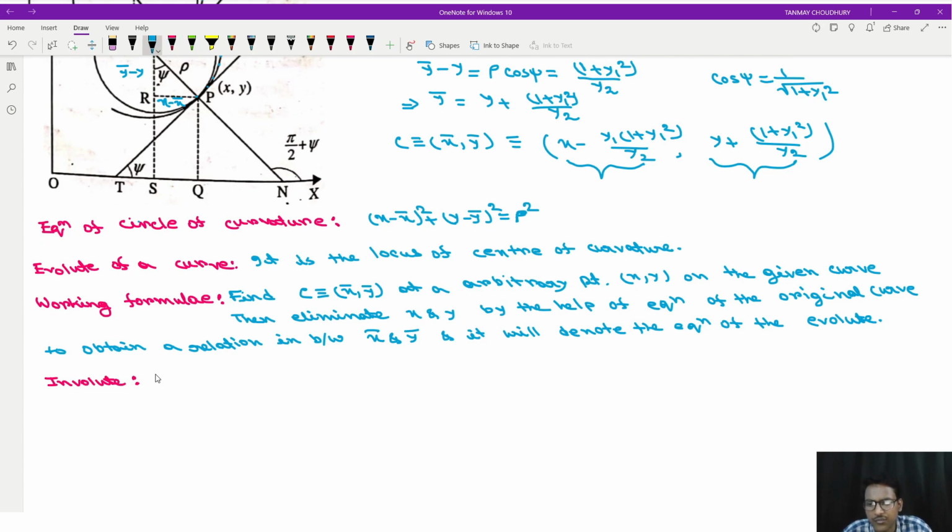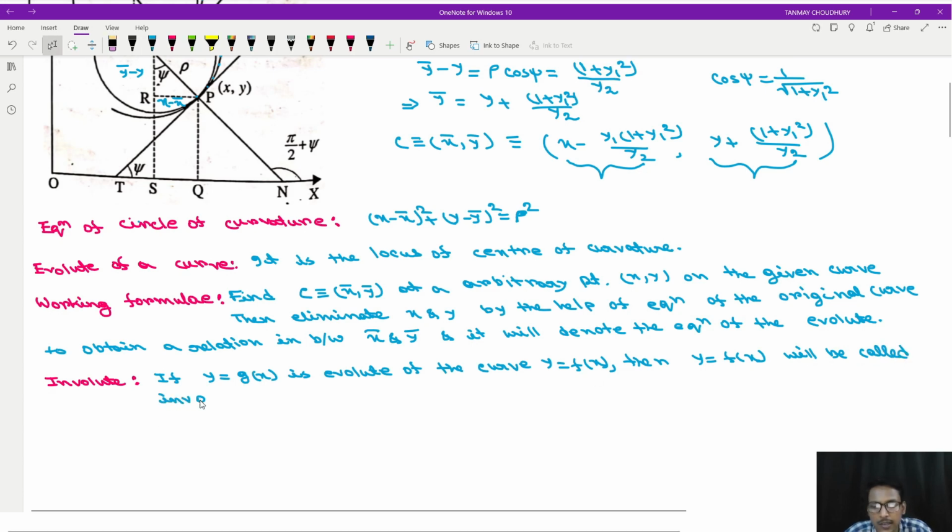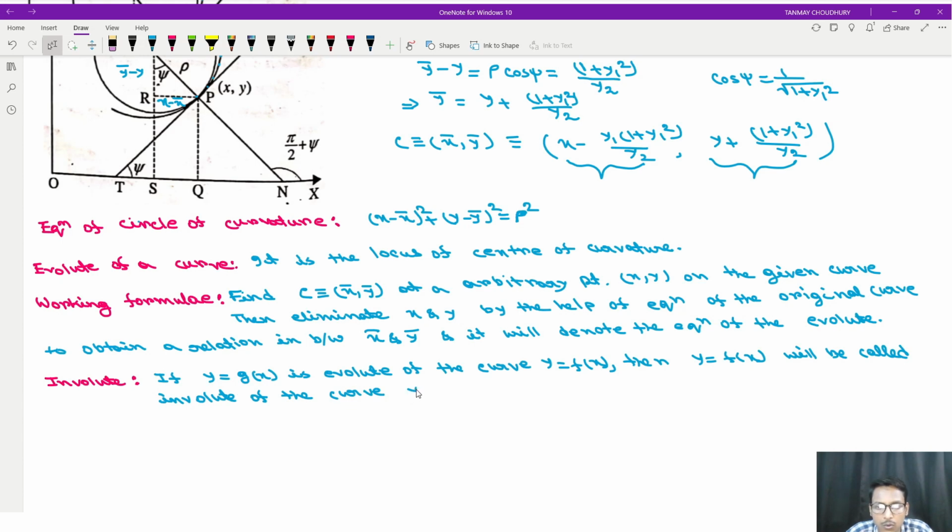So if y is equal to g of x is the evolute of the curve y is equal to f of x, then y is equal to f of x, the original curve of which we have found the evolute as y is equal to g of x, will be called the involute of the curve y is equal to g of x, which was actually the evolute of f of x.